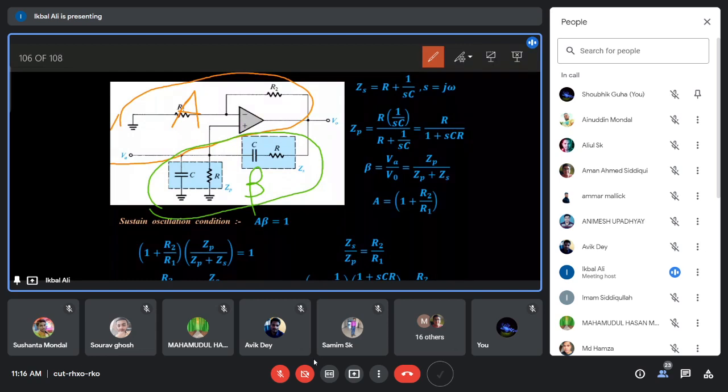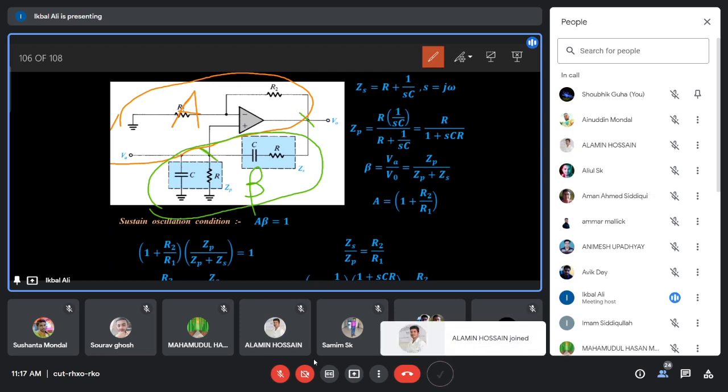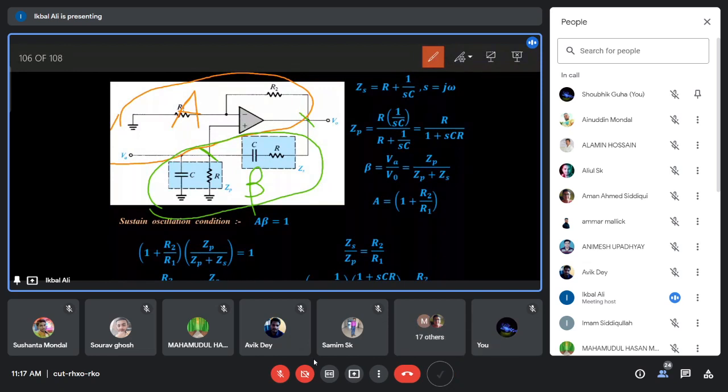In this way you can identify A and beta in this Wien bridge oscillator circuit. The beta network is a passive network. It is the series combination of CR connected between the output of the amplifier and the non-inverting input terminal, and a parallel combination of CR connected between the non-inverting input terminal, the plus terminal of the op-amp, and the ground. This is the construction of the beta network.